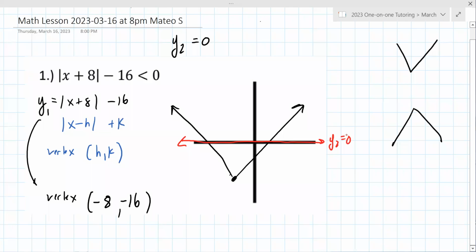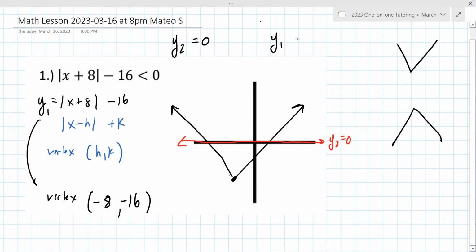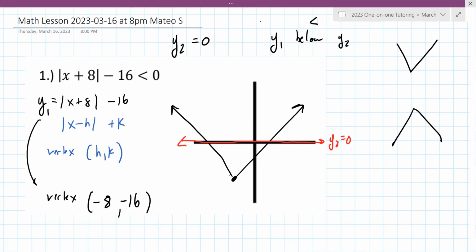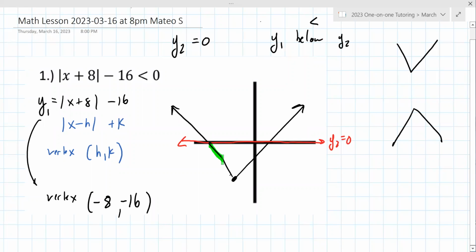So what this is saying in words is where is y1 below y2? That's what the less than means. Where is it below y2? Now it says to shade or highlight where the y values satisfy the inequality. I'm not sure how you're supposed to do that if you don't have a highlighter, but it's these y values here.